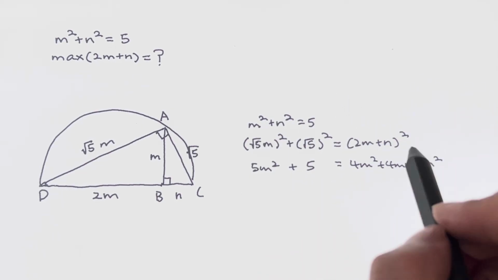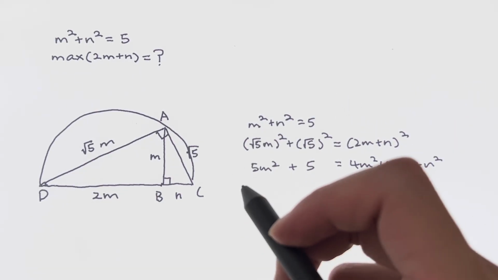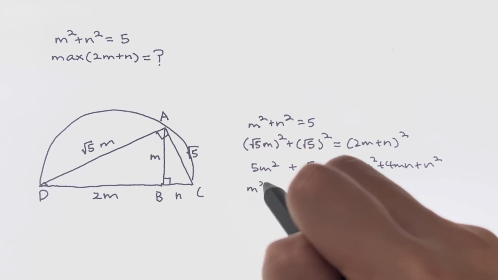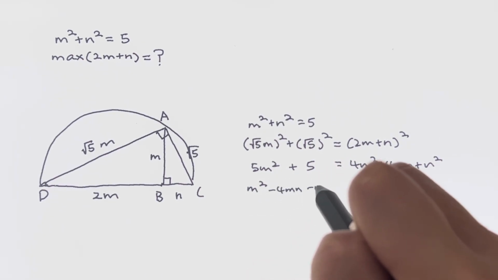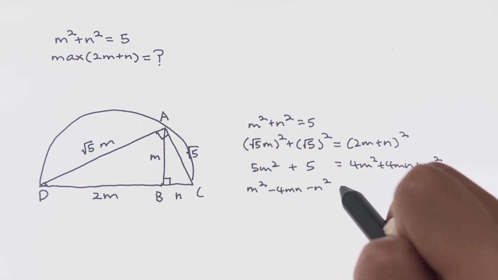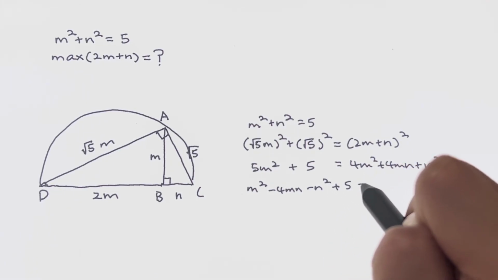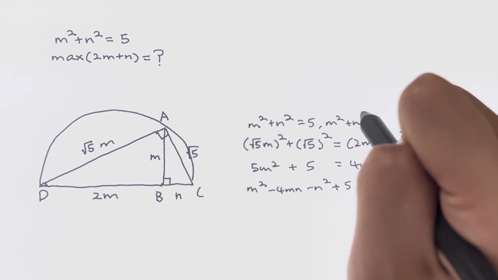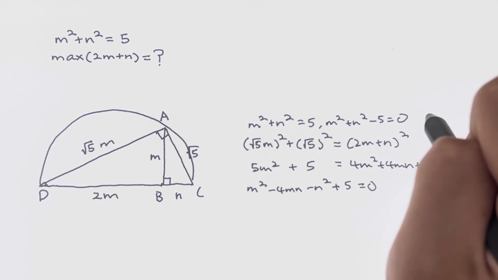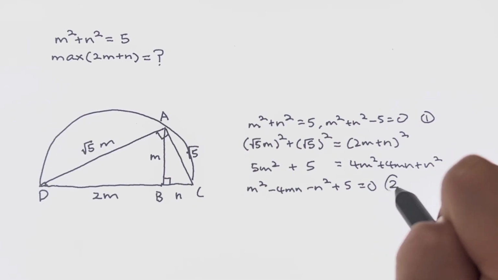And then we can move all of this to one side. So we'll have m squared minus 4mn minus n squared plus 5 equals 0. And here we have m squared plus n squared minus 5 equals 0. Call this equation 1 and call this equation 2.